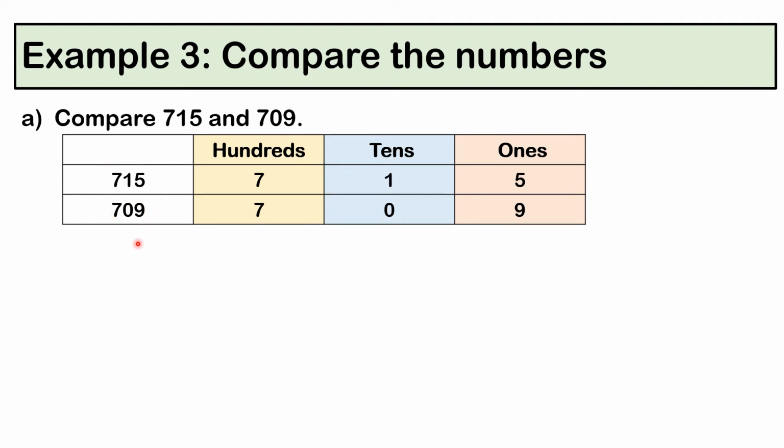So now let's have a look at the second example, for example 3, where we want to compare 715 and 709. And I place both numbers in place value charts where we have hundreds, tens, and ones. So for us to compare, we have to look at the very first digit of both numbers, which is in hundreds, the digit 7.